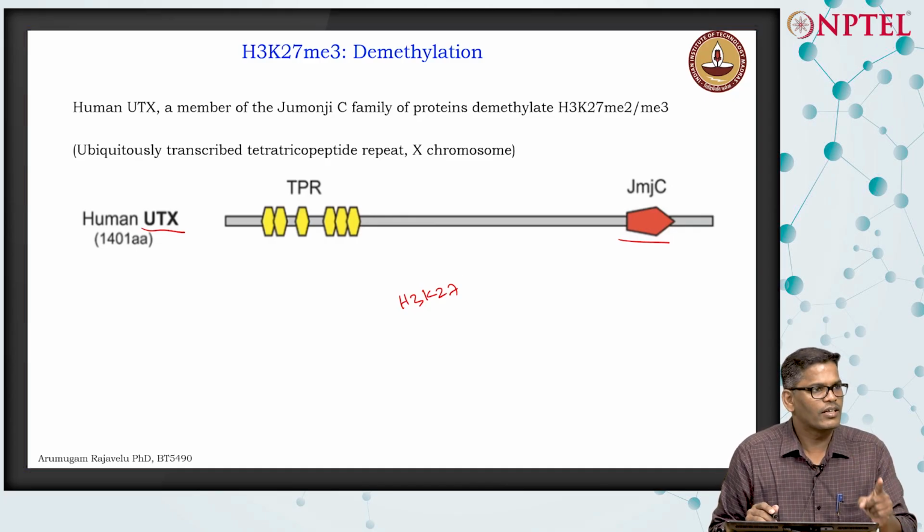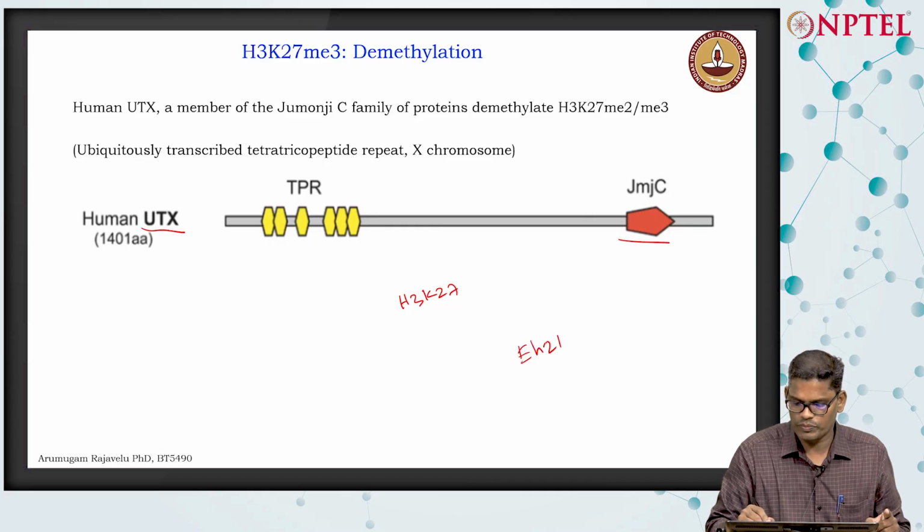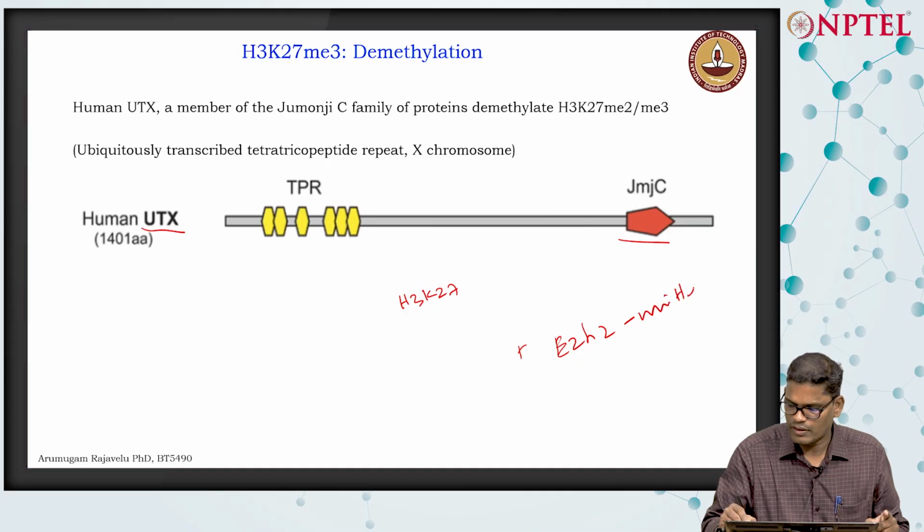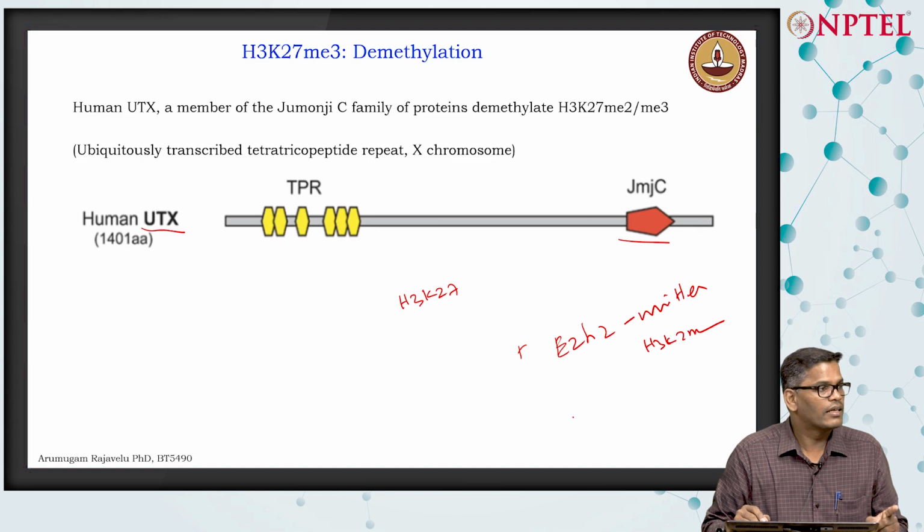The methyl writer is also only one protein, that is enhancer of zeste homolog 2, which is a writer for H3K27, and then the eraser is UTX.